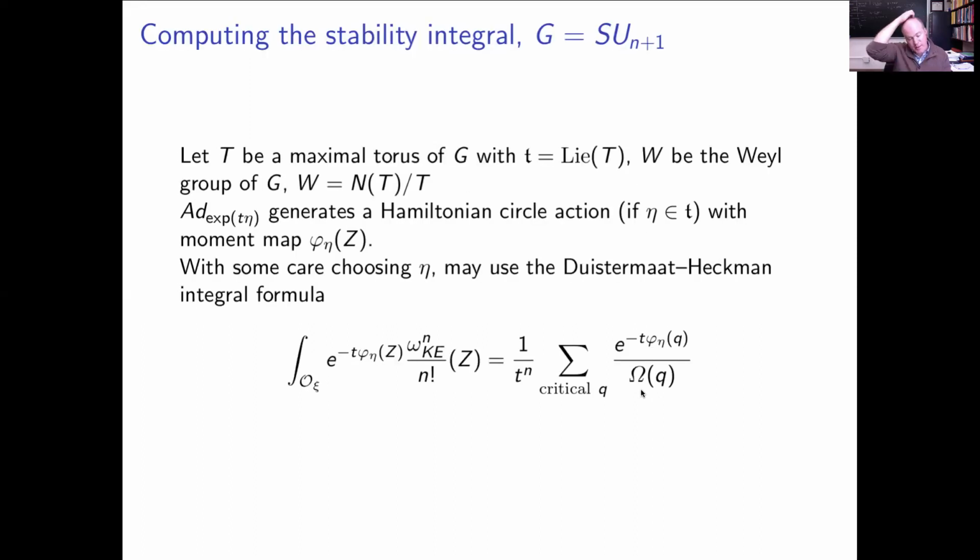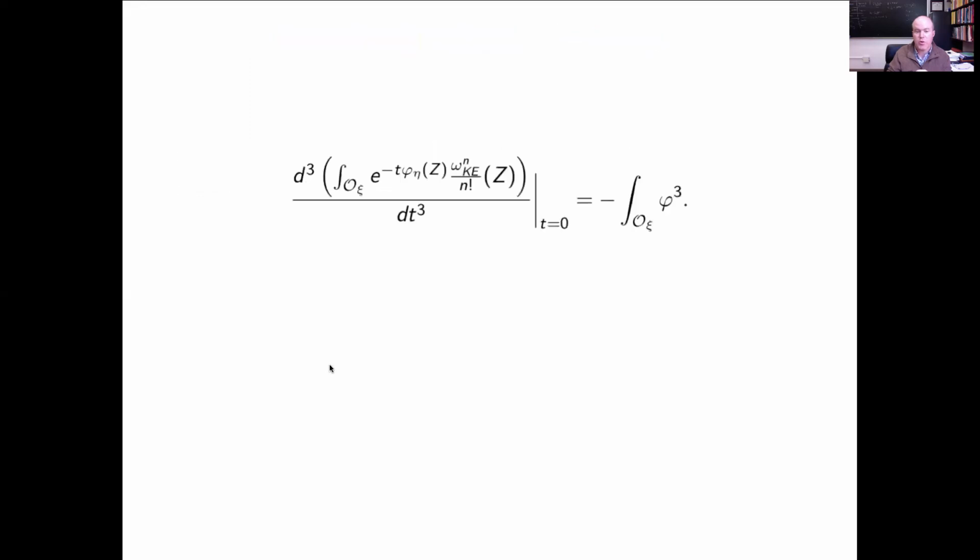So what we can do with this, which is a trick which other people have used, is to differentiate this. This is a function of t. So now we're going to differentiate it 3 times and set t equal to 0. This is an elementary piece of calculus. When you differentiate this and set t equal to 0, each time you differentiate it, there's no t here.